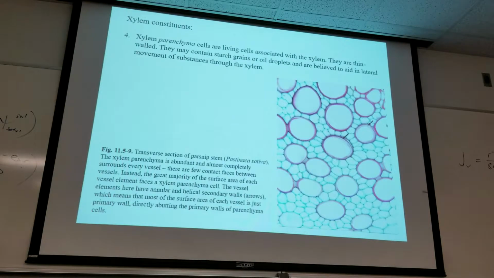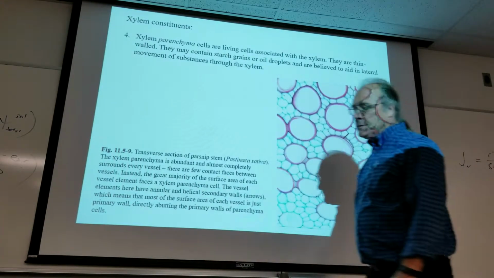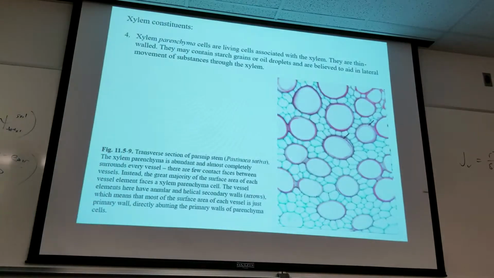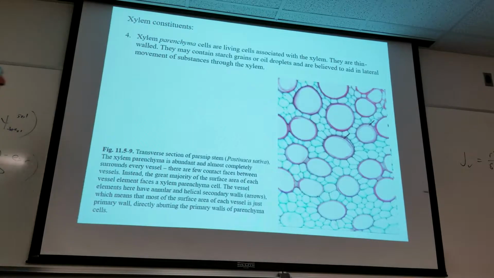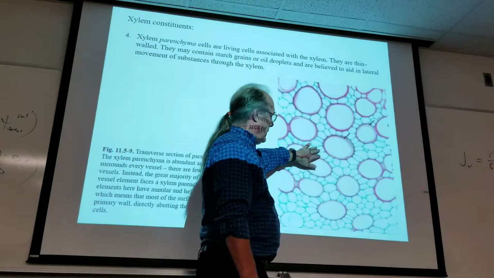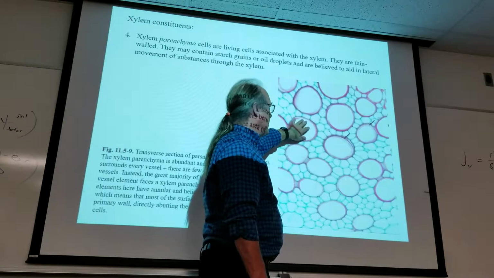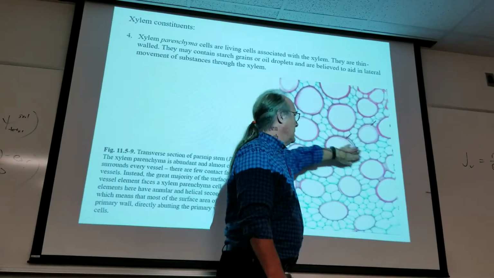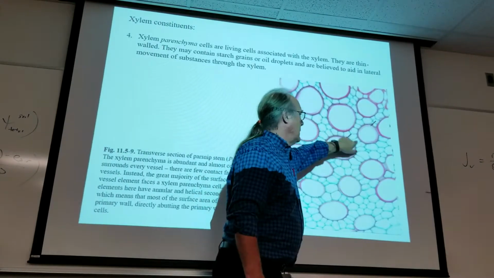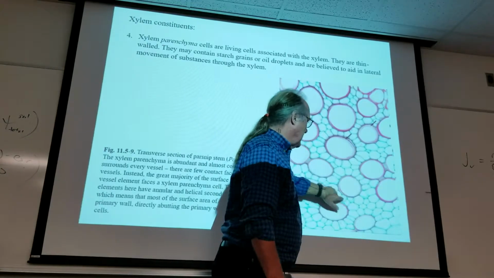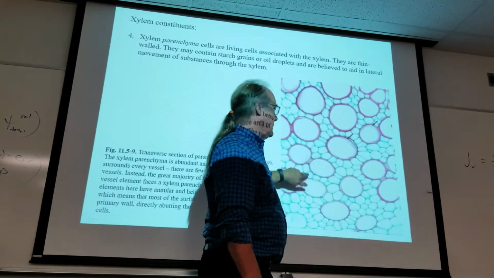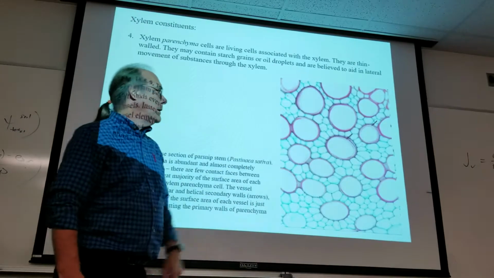Fibers and parenchymal cells. So parenchymal cells are affiliated with the vascular system, with the xylem or the phloem. And these cells are not dead at maturity. Here is a parsnip root with xylem vessels, and these parenchymal cells almost completely surround all of the xylem vessels in this root.